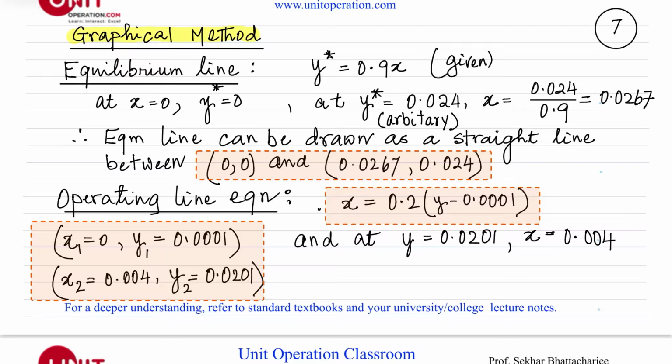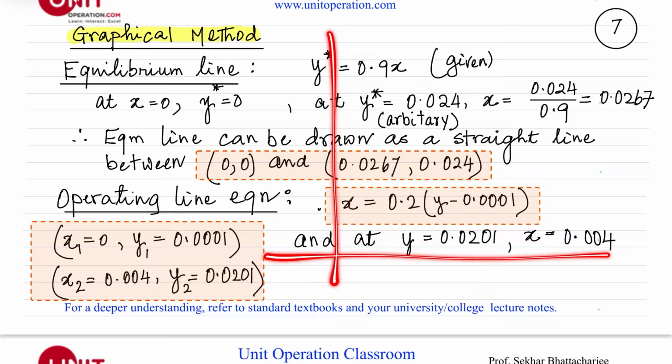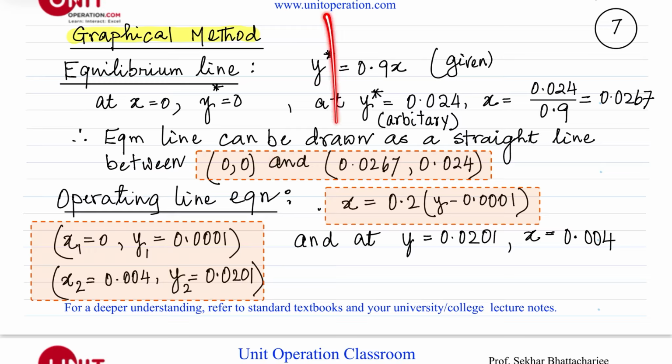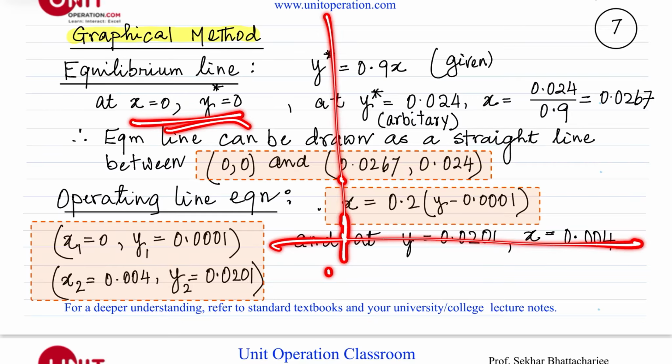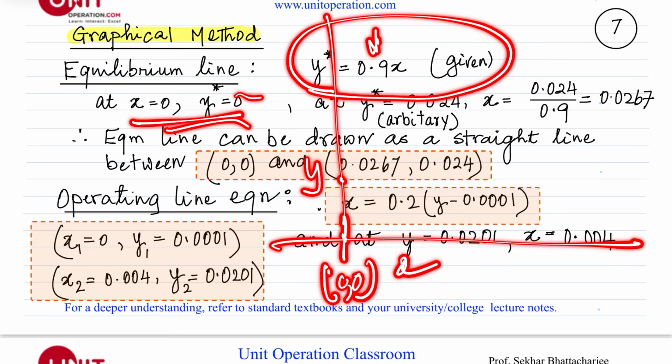We say the equilibrium line is given by this equation. We'll draw the equilibrium line. For drawing it, we first find out x equal to 0 and y equal to 0. Let's say this is x and this is y. So this is 0, 0. This equation has a slope of this one, but there is no intercept. It will start from 0, 0, and of course go from here.